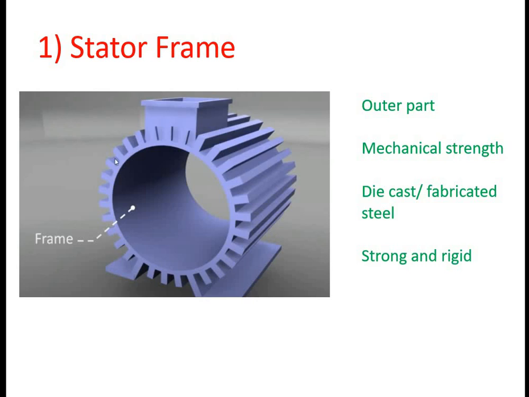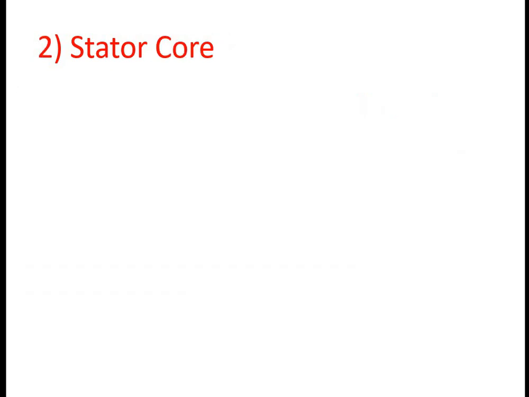Because of the small air gap, unless we provide a strong and rigid stator frame, the rotor will not remain concentric with the stator, and hence it may lead to unbalanced magnetic pull. To avoid such problems we prefer a strong and rigid stator frame. This is about the stator frame. Now we'll move on to the stator core.